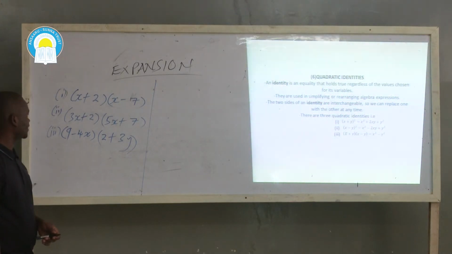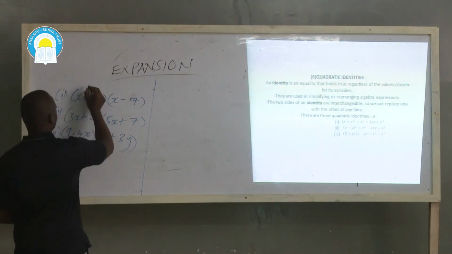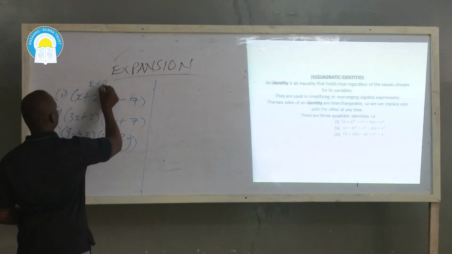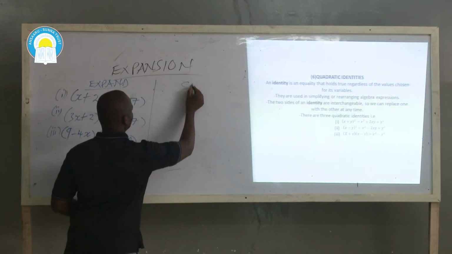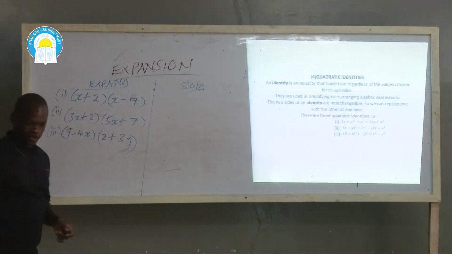So just a few minutes, and of course now we go through them quickly. So what do you do here? In the first case, of course we are expanding. We have the solutions.